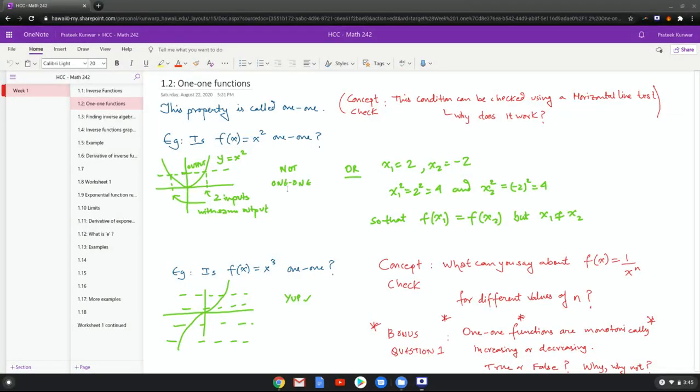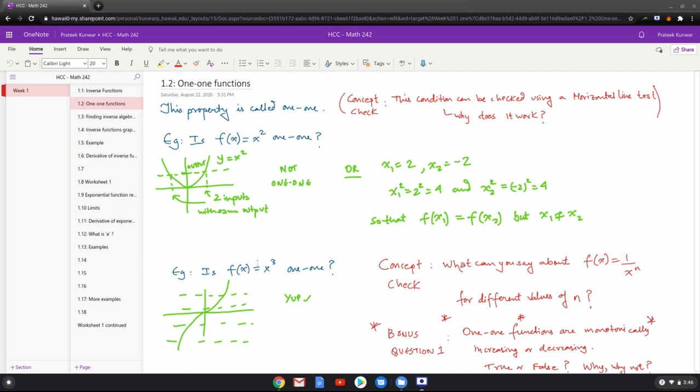Hence, it is not one-one. Another way of doing it is to pick two values x1, x2 which are not equal, so 2 and negative 2, but their squares both equal 4. So what you have is that f of x1 equals f of x2, but x1 does not equal x2, so it is not one-one. So these are two ways of checking if a function is one-one.